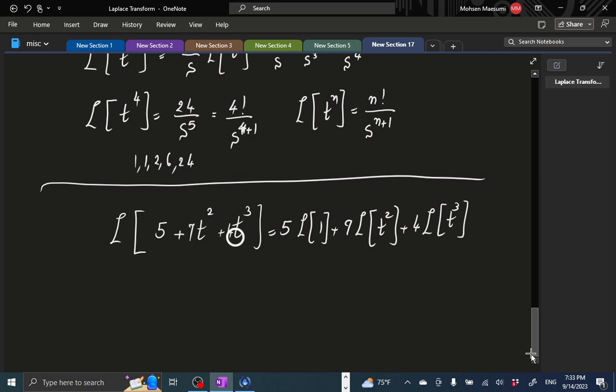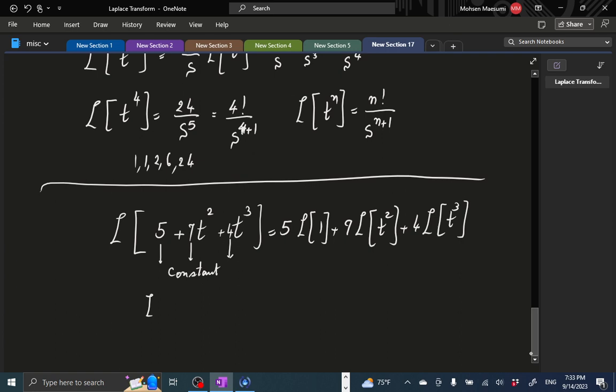If you have several functions multiplied by some numbers and then added and subtracted, you can calculate the Laplace transform of individual functions and multiply by the same factors that you had before and add and subtract. The significant thing that's needed here is that these have to be constants. This only works if this is constant.